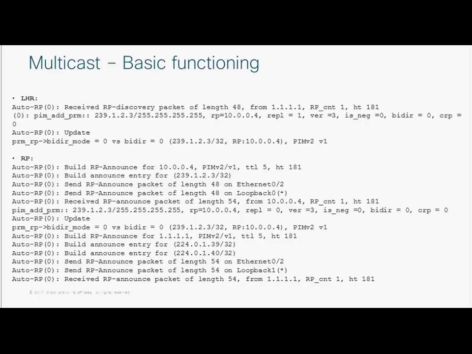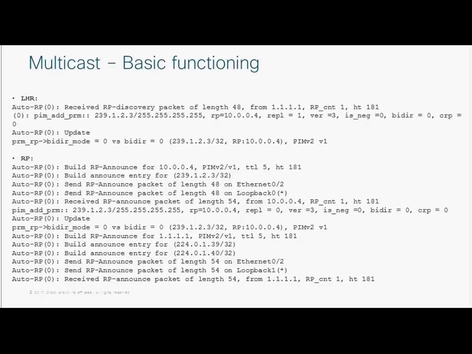As I mentioned before, there's an announce packet that is sent to the RP. In this case, the announce packet was sent by the 10.0.0.4 for the RP that is distributing the states or the auto RP information, which is the 1.1.1.1. Okay, so there are two devices, one which is the actual RP for the group, and the other that is the RP distributing the RP information.